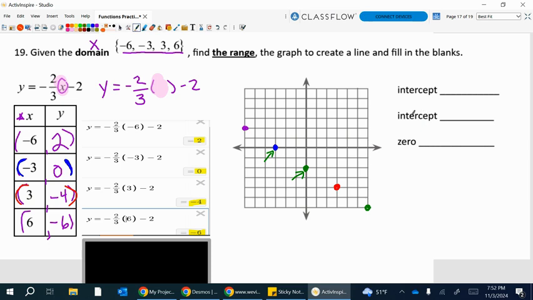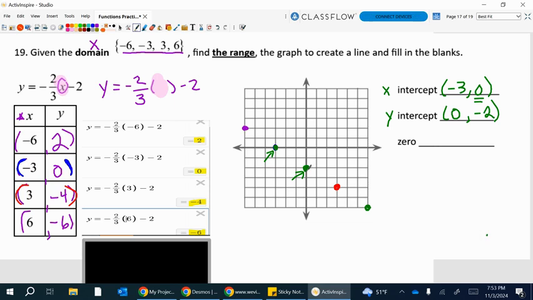So let's make this x and y and 0. This is our x-intercept on the x-axis. We write that as negative 3, 0, always. This is our y-intercept on the y-axis, and that is 0 for the x and negative 2 for the y.